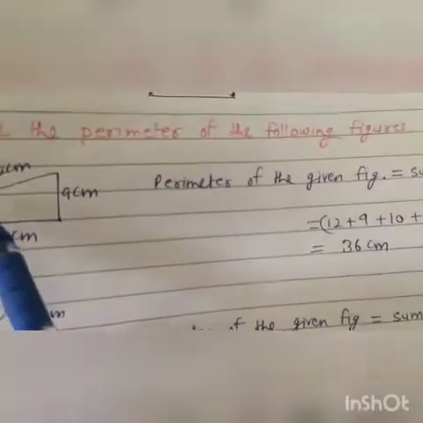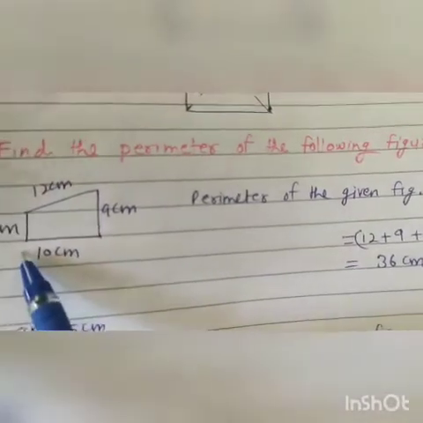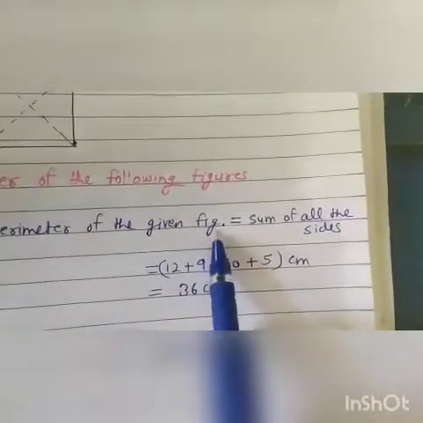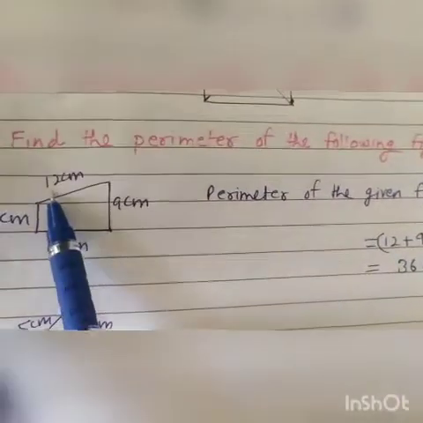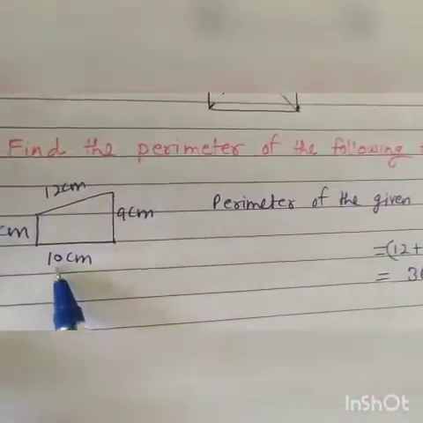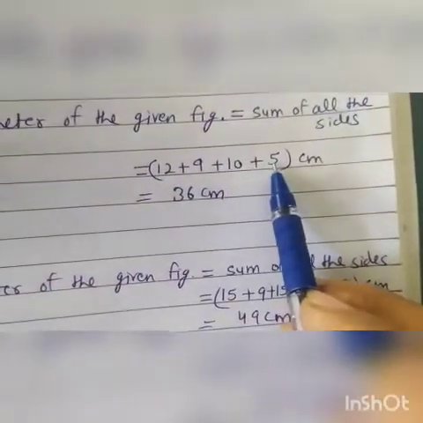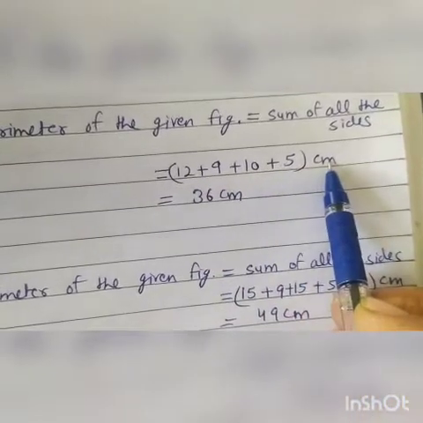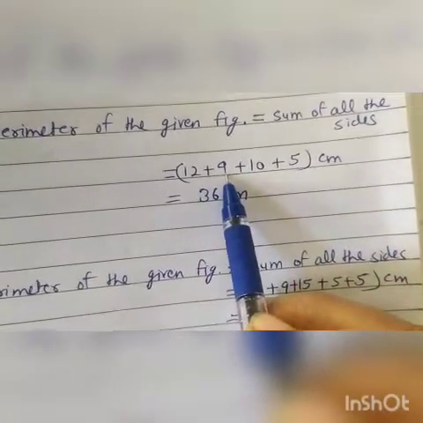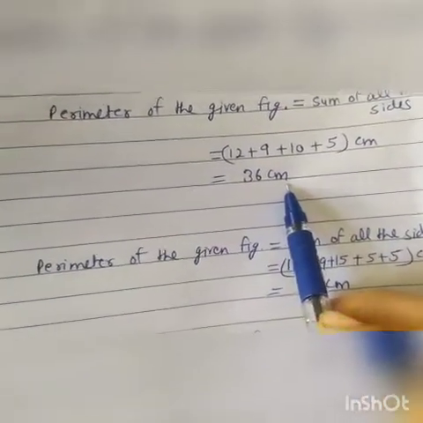So we will add all these 4 sides to find the perimeter of this figure. So perimeter of the given figure equals sum of all the sides. First side 12, second is 9, third one is 10 centimeter, fourth one is 5 centimeter. So we will add all these 4 sides, 12 plus 9 plus 10 plus 5 centimeter. 12 plus 9, 21, 21 plus 10, 31, 31 plus 5, 36 centimeter.